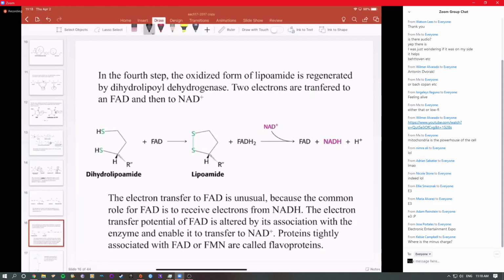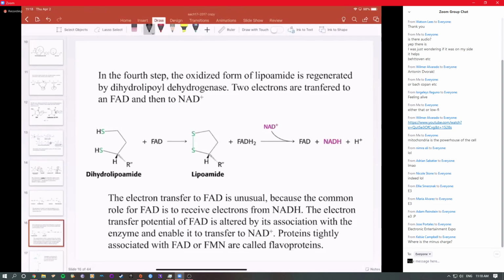So ultimately, you're transferring the electrons from dihydrolipoamide over to NAD to make NADH. The thing that's very strange here is that normally FADH2 is not strong enough to reduce NAD down to NADH. And that normally does not take place.